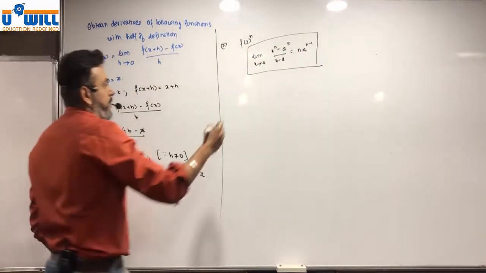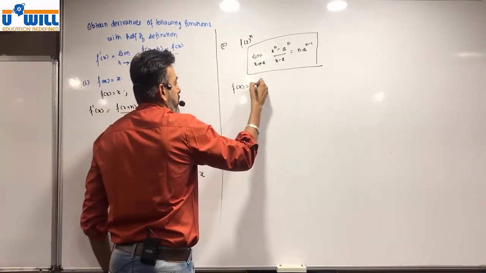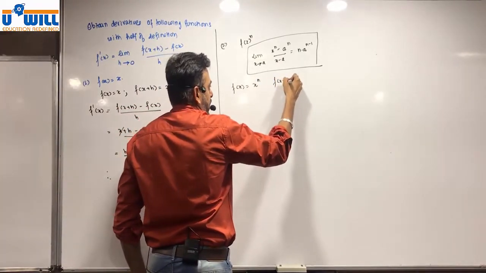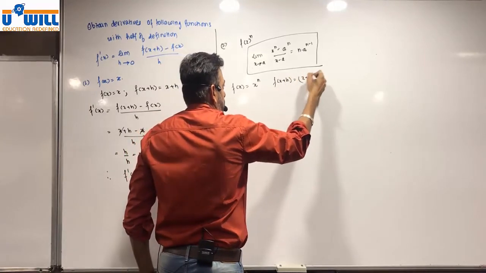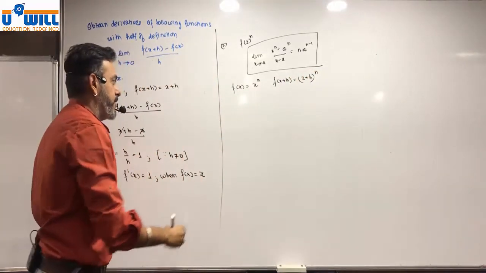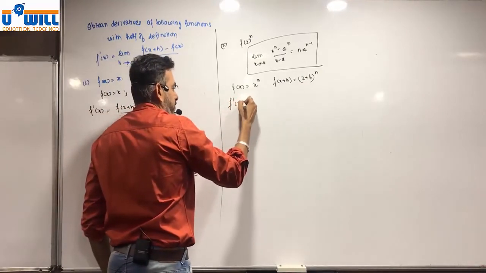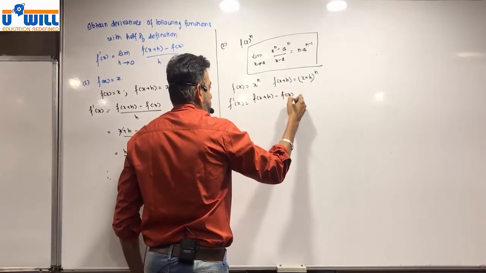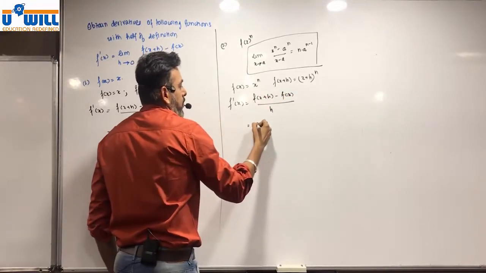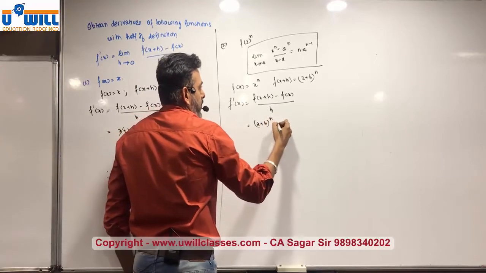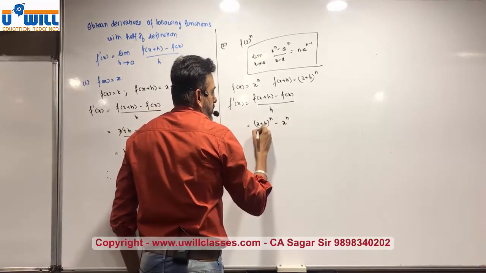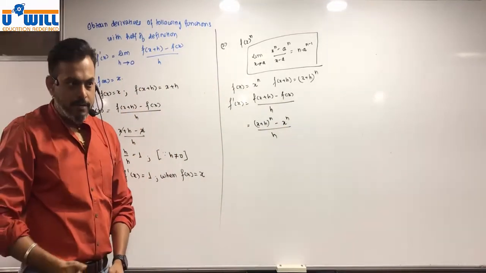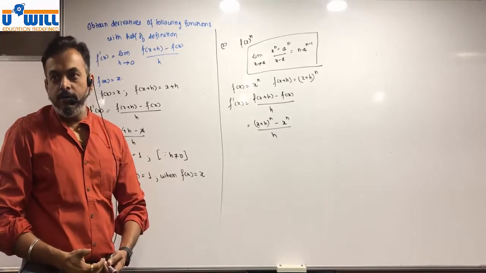Now over here, function of x is equal to x raised to n. So function of x plus h is equal to x plus h all raised to n. Derivative of function x is equal to f of x plus h minus f of x upon h is equal to x plus h all raised to n minus x raised to n upon h. Now what? Our favorite t time.